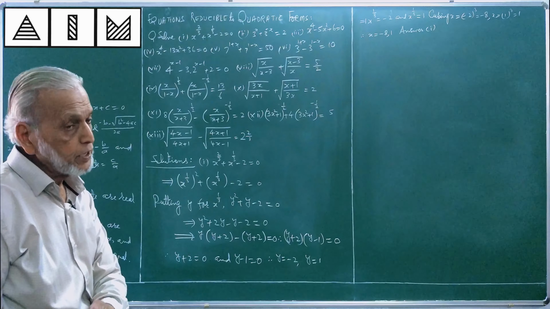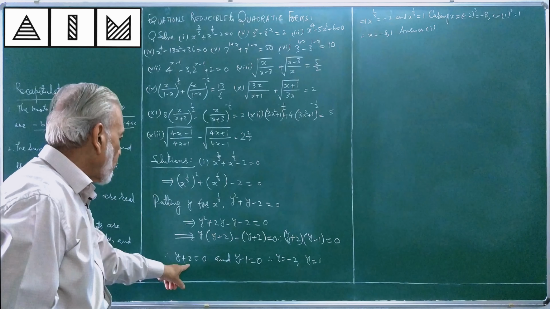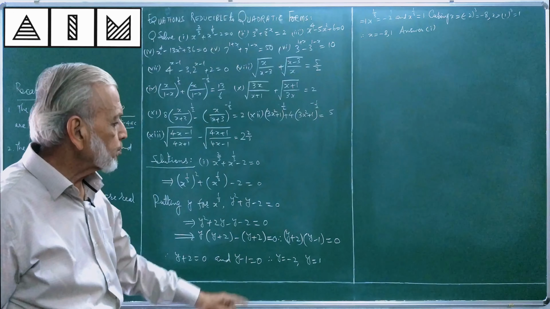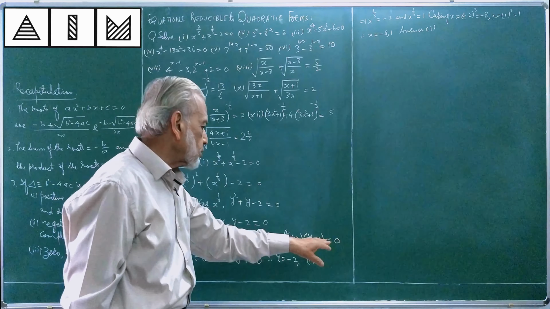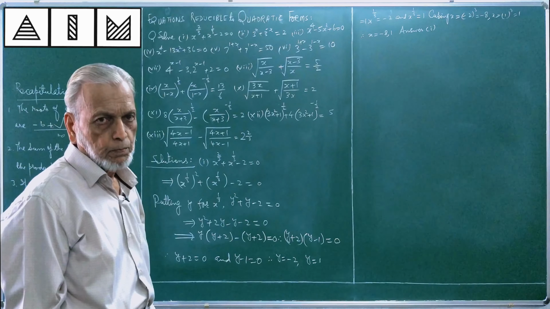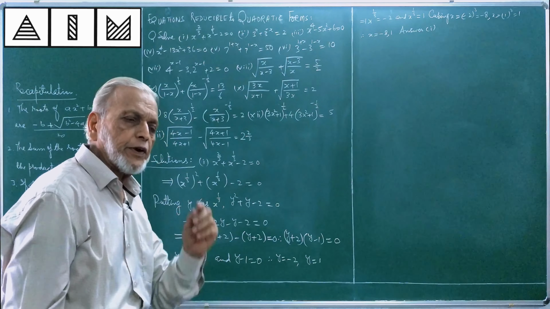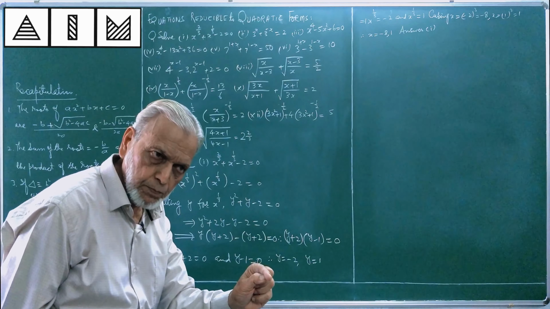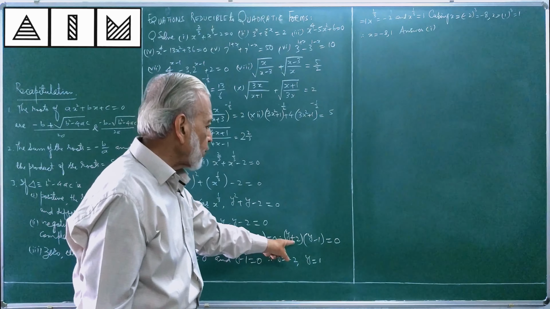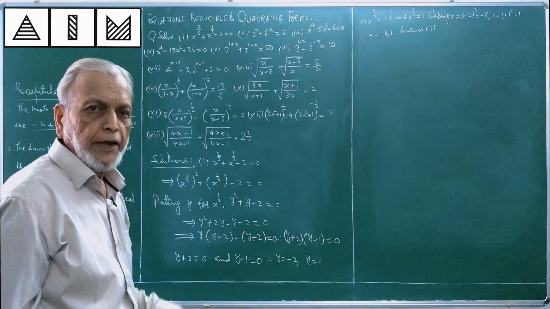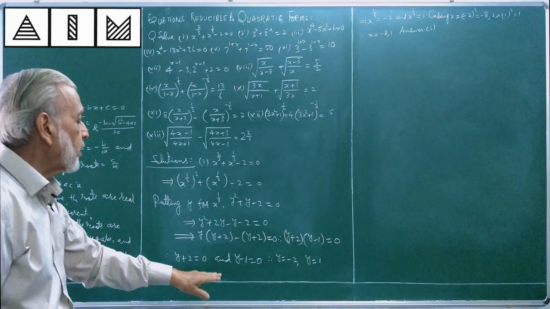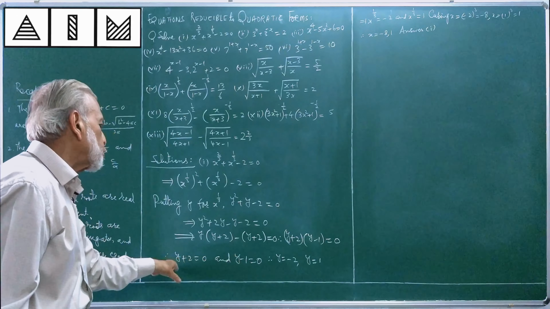My answer, please listen. y plus 2 is equal to 0, y minus 1 is equal to 0 arises out of the product of two quantities, two expressions, being equal to 0. A product is equal to 0 if at least one of the factors is 0. Even both can be zeros, but at least one should be 0. When the product of y plus 2 and y minus 1 is 0, either y plus 2 should be 0 or y minus 1 should be 0. That is how we have reached here, each factor equating to 0.